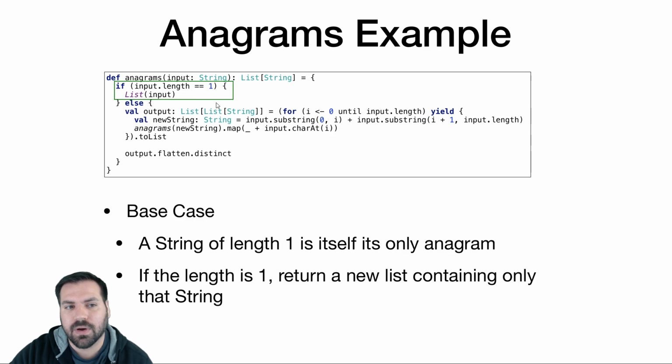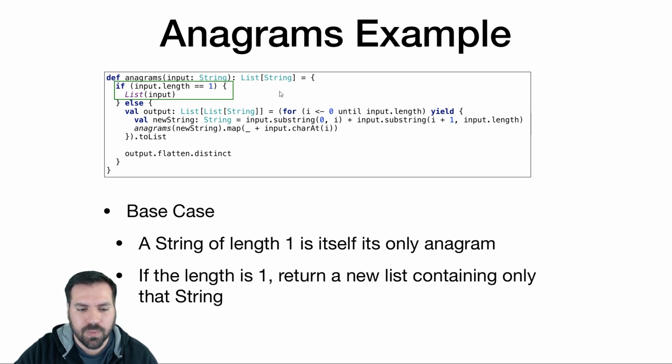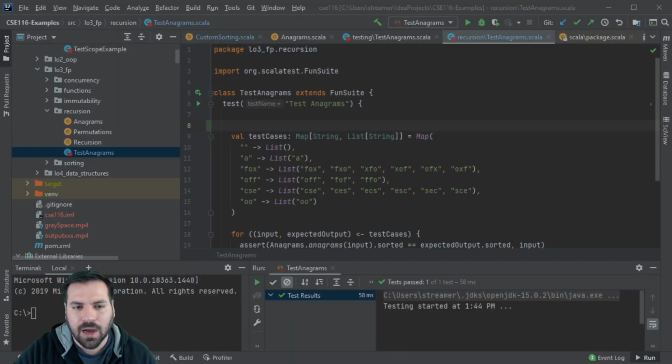And just a reminder of anagrams, we have some input string, and we want to return a list of strings, which is every reordering of the characters of the input string. So when the input string is Fox, we expect the output to be every ordering of those 3 letters.